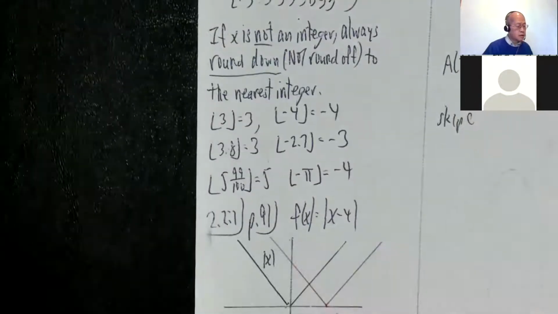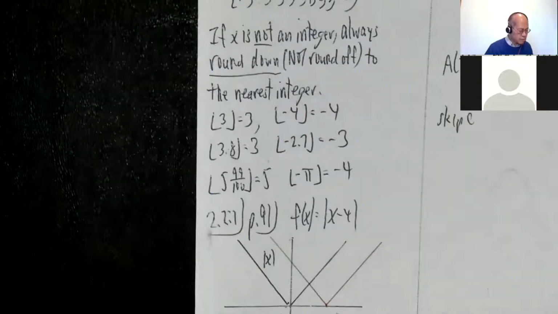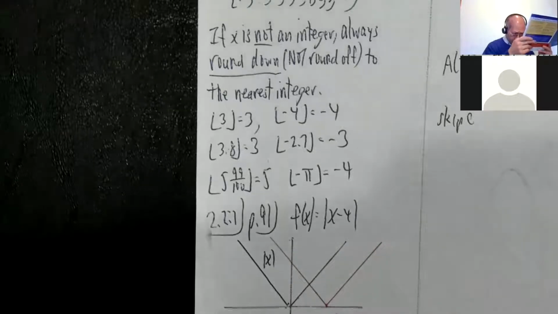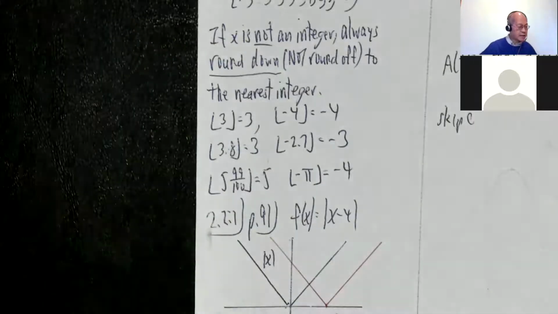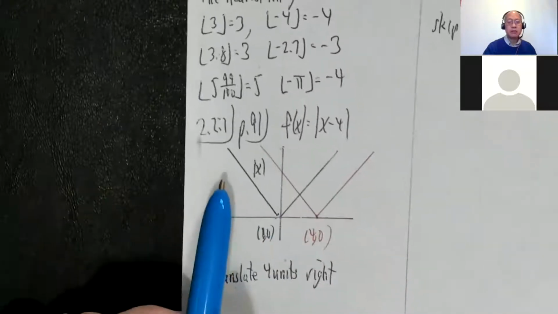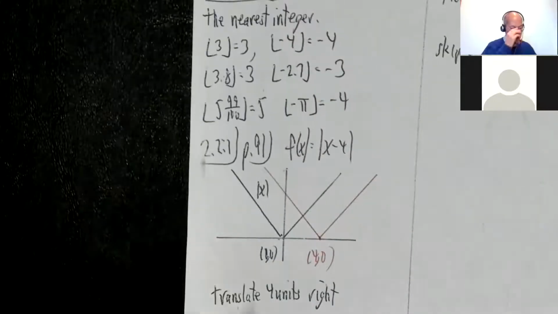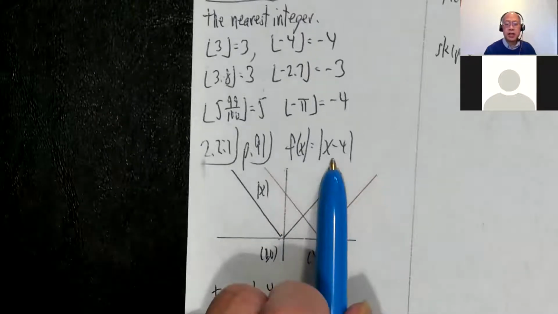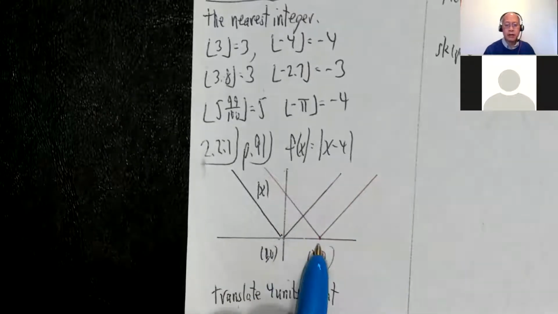All right, then let's see. A couple more that I wanted to show you from the assignment. F of x equals absolute value of x minus 4, as an example. So you take the regular absolute value function. This translates 4 units to the right.